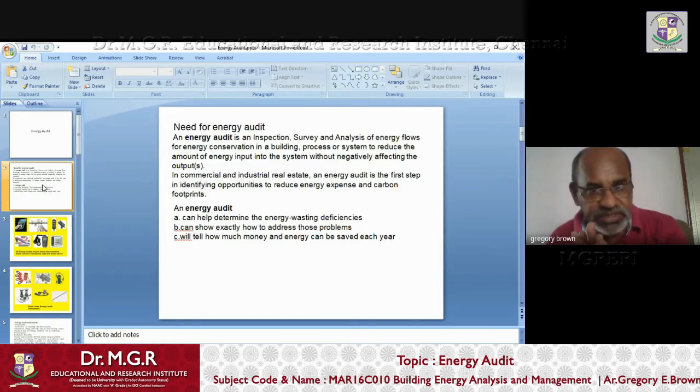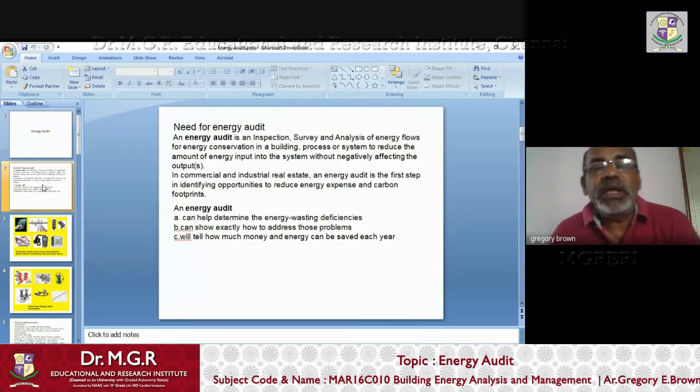Three things: inspection, survey, analysis of what? Of energy flows for energy conservation in a building, process or system, to reduce the amount of energy input into the system without negatively affecting the outputs. So we want the same outputs, okay, but the energy we want to reduce.